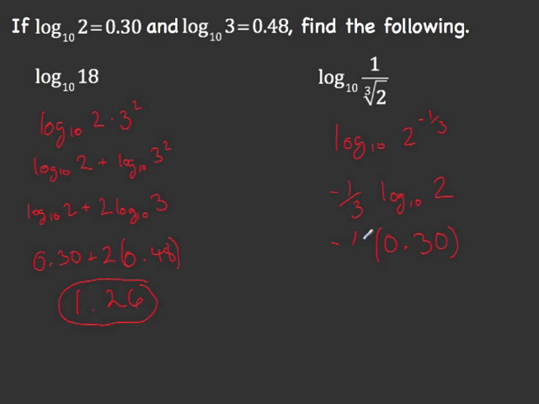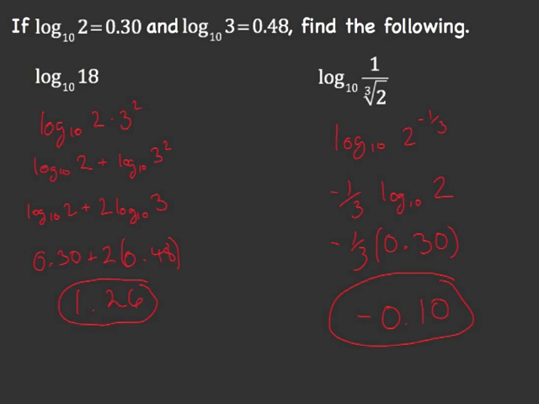That times negative 1/3 gives us an answer of negative 0.10. And there's your answer. 10 to this exponent of negative 0.1 gives us around about 1 over the cube root of 2. Now this is all well and good. We can get values now.